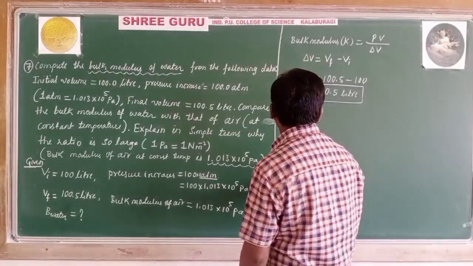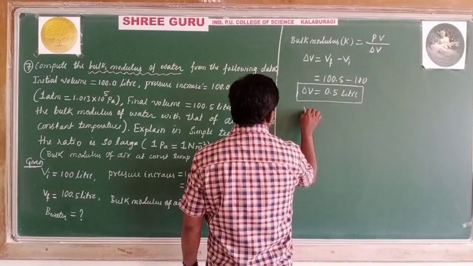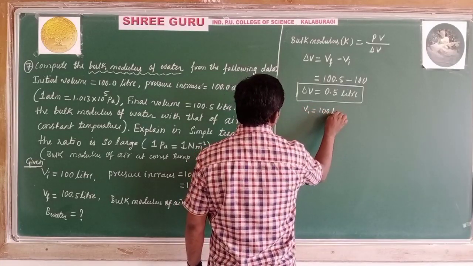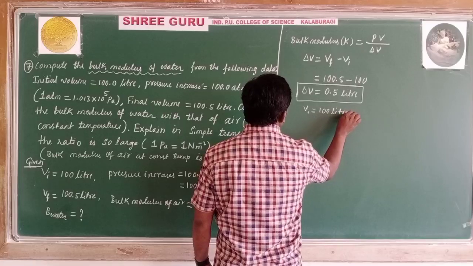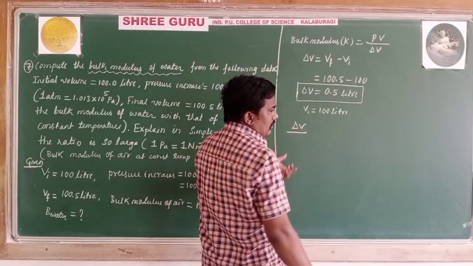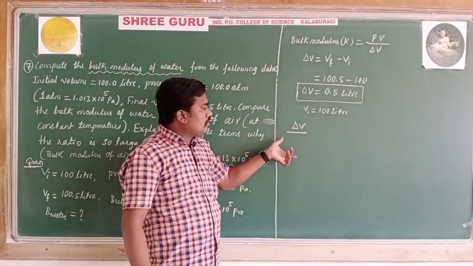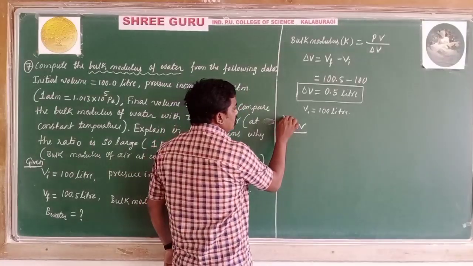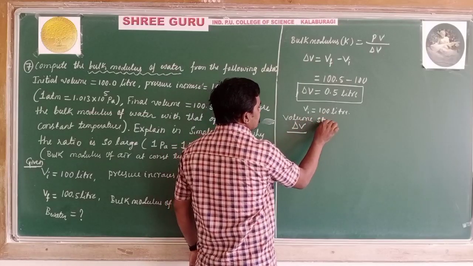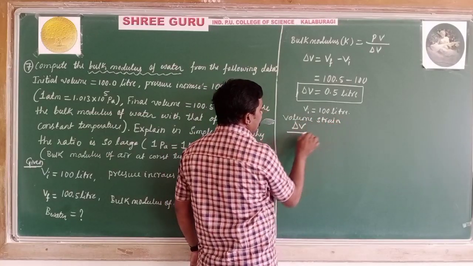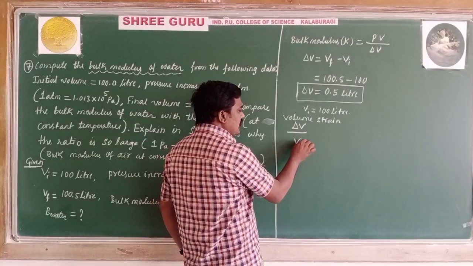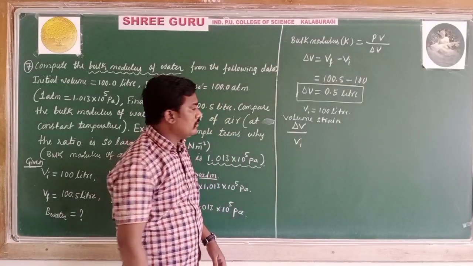Then what is the initial volume? That is 100 liters. That is volume strain, which is equal to change in volume by original volume. This original volume is nothing but the initial volume.